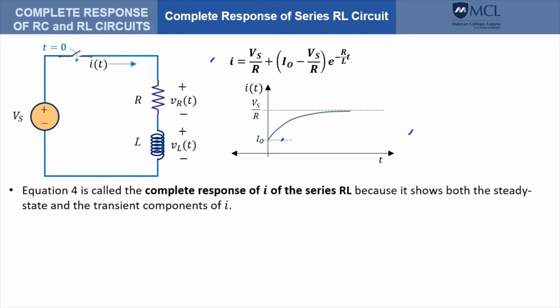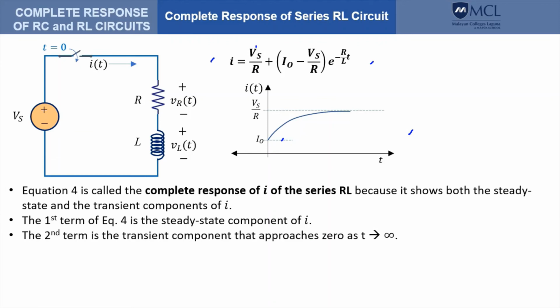Similarly, for a series RL, this equation is called the complete response of I because it also shows the steady state and the transient components of I. The first term is the steady state component, and the second term is the transient component.